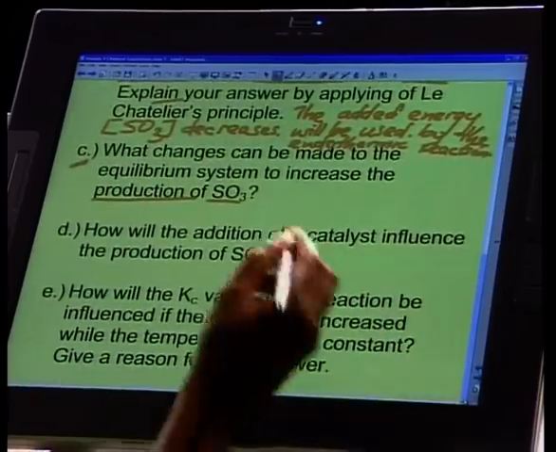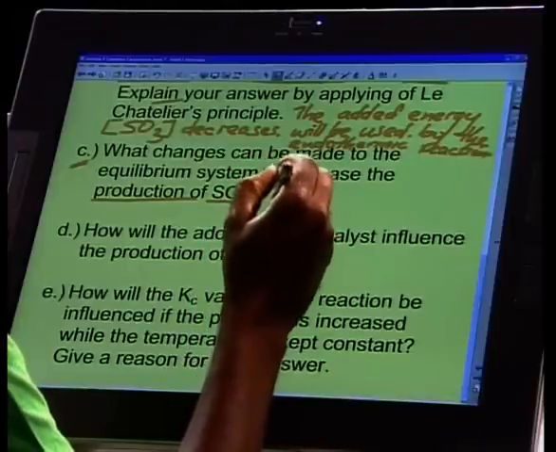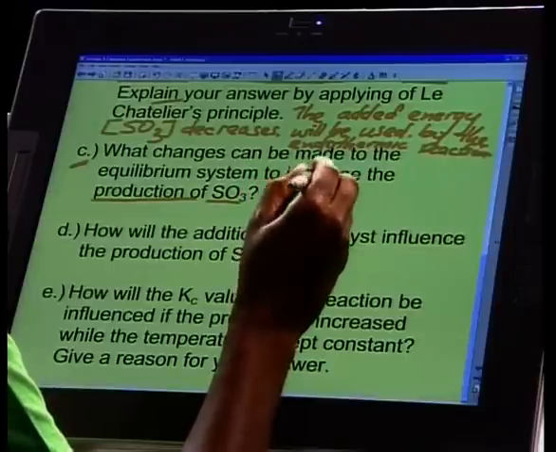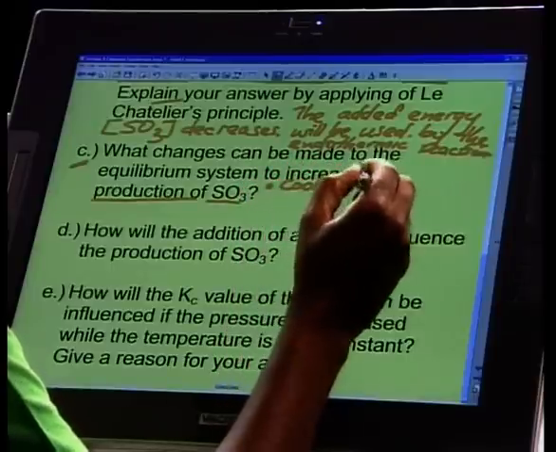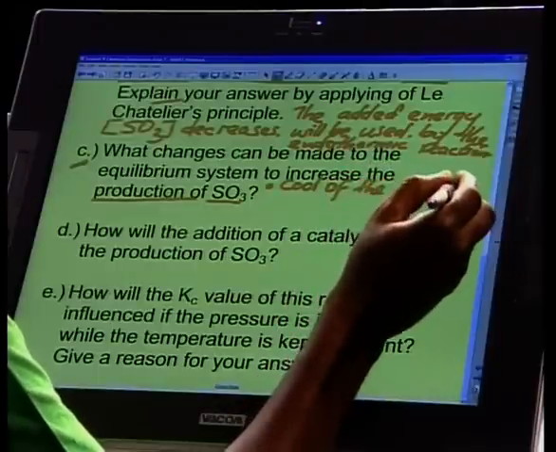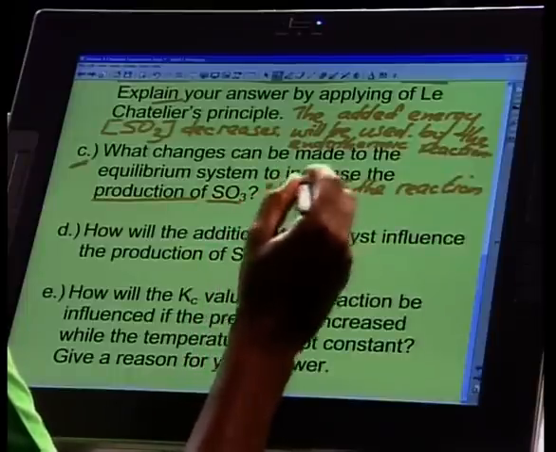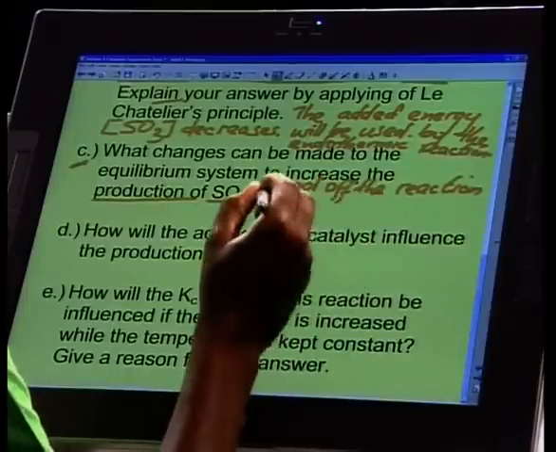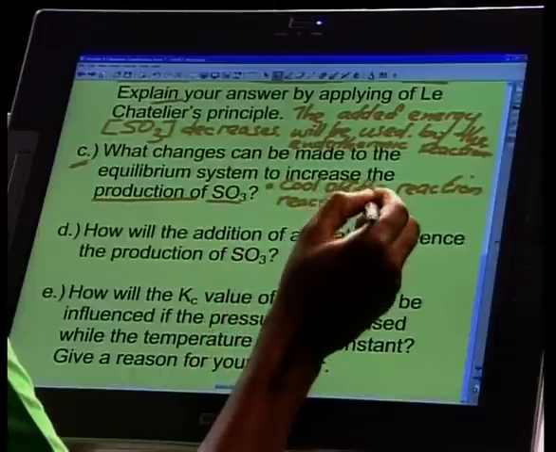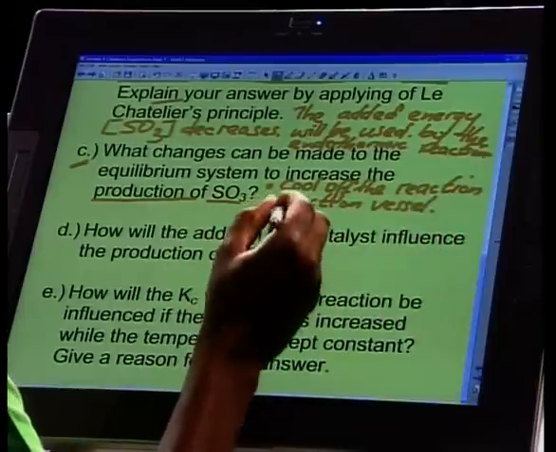What we'll do is, one, we will cool off the reaction vessel. Okay, so we drop the temperature of the reaction vessel.